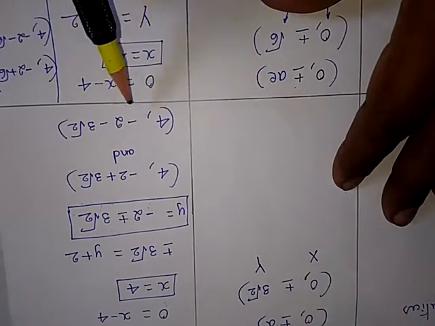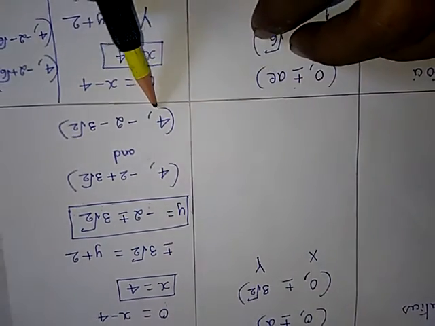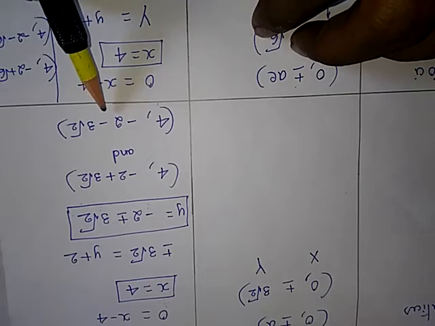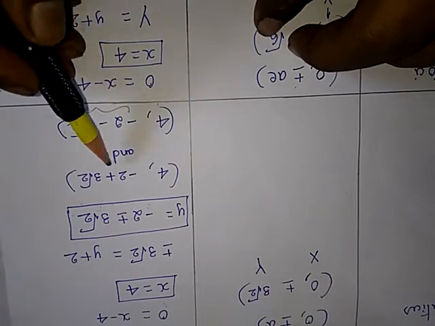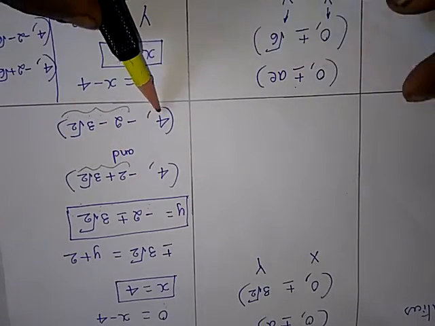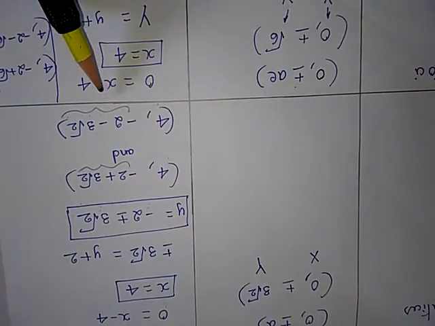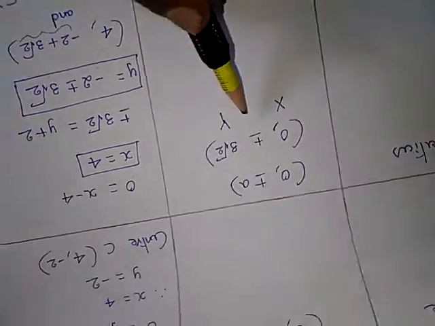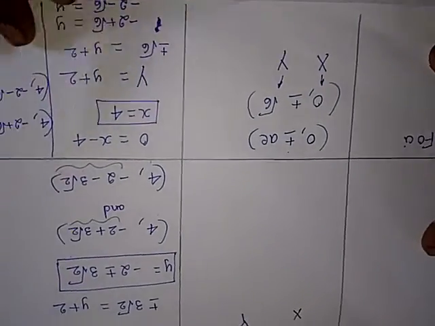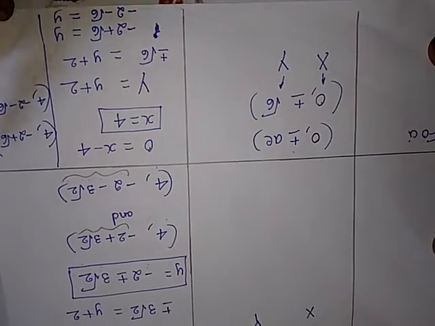Second value is x value same 4, minus 2 minus 3 root 2. This is y value, small y value. This is x value. So now we have found the vertices.